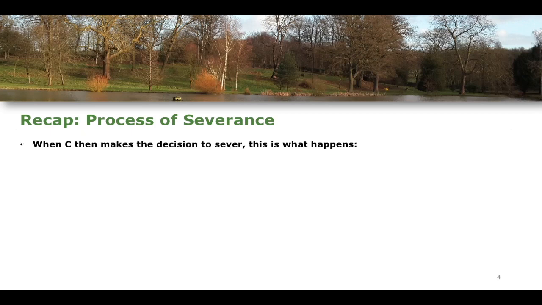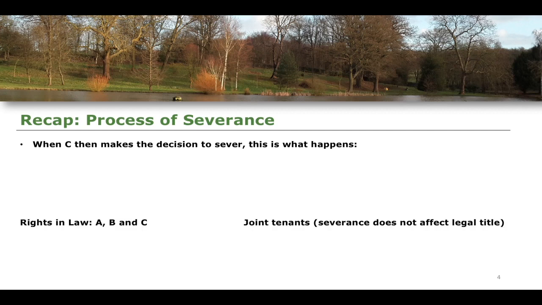And then we go through the process of severance. Let's say that the third person, C, decides that they want to sever their interest and become a tenant in common. What happens here is that at law, nothing happens. Severance does not affect legal title. A, B, and C remain joint tenants in law.